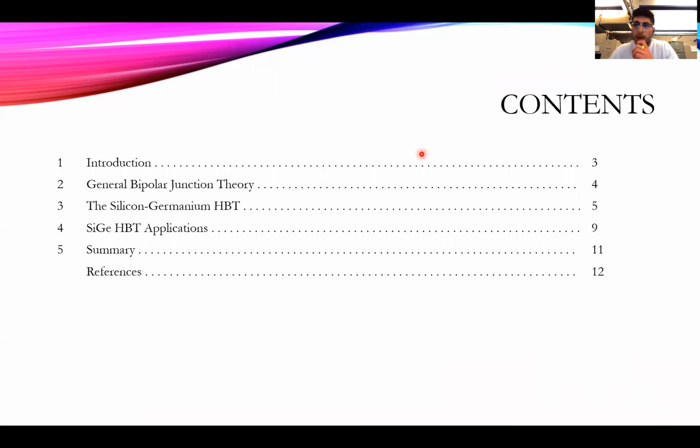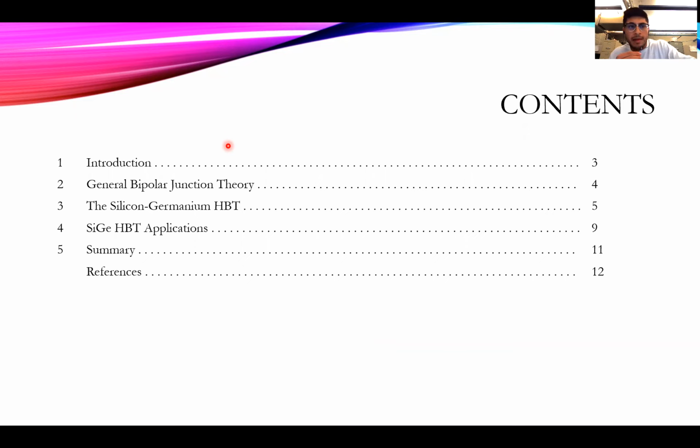I'm going to begin by outlining what I'm going to be talking about today. I'm going to start off with a brief introduction of silicon-germanium HBTs, and then I'm going to get a little bit into the general background and theory of BJTs before moving into SiGe HBTs.